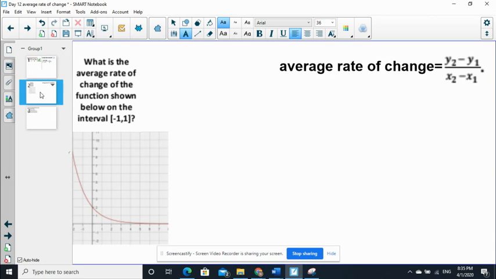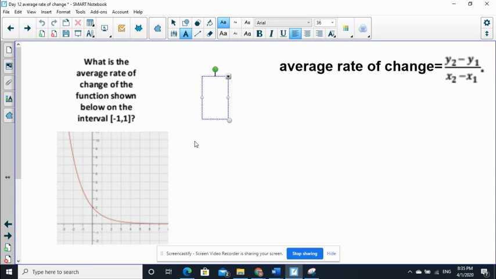Let's see another example. From this graph, find the average rate of change for this function, represented by this graph. We should have an interval. We should have 2 points for x to find the average rate of change. The first point here is x equals negative 1, and the other value for x is 1.